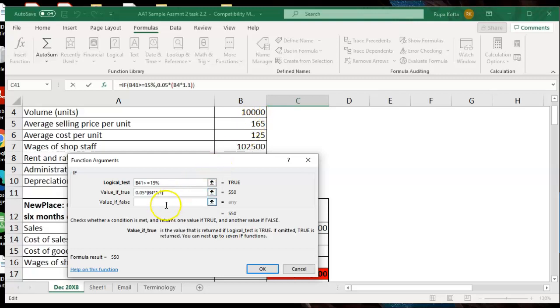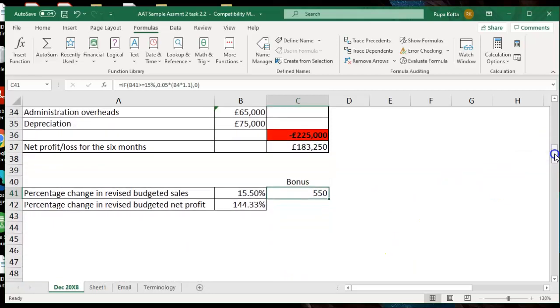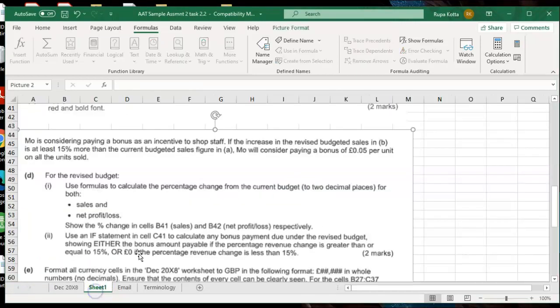But if it is not 15%, then it will be 0. Say OK. So because here the percentage increase is more than 15%, you are allowed to give a bonus of 550 pounds. So bonus calculations are completed.